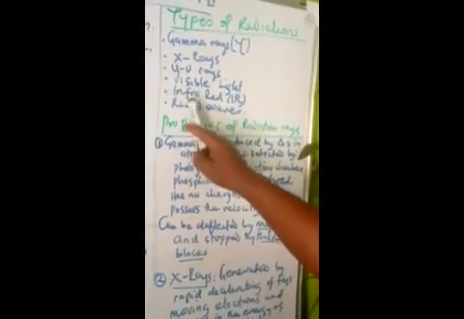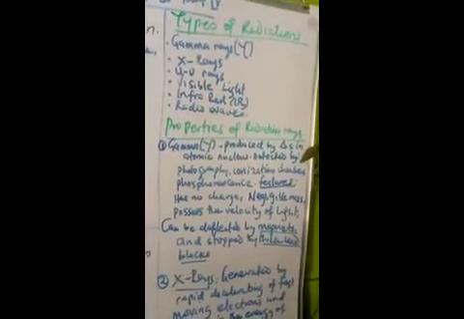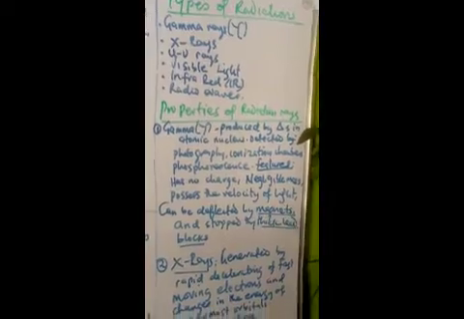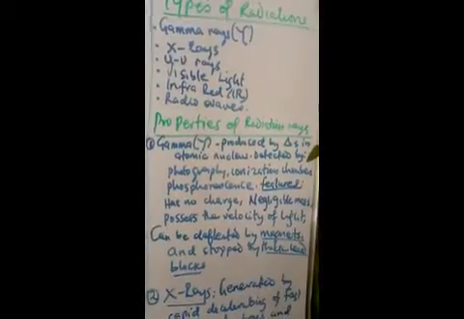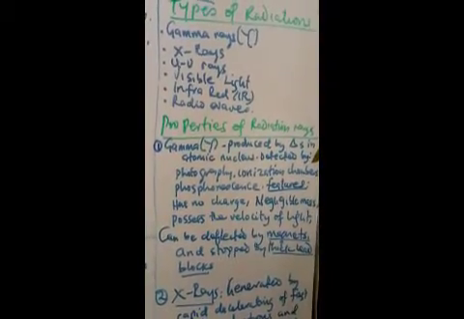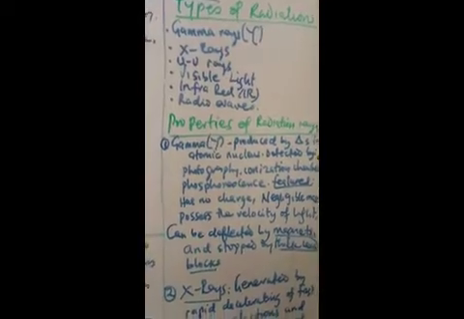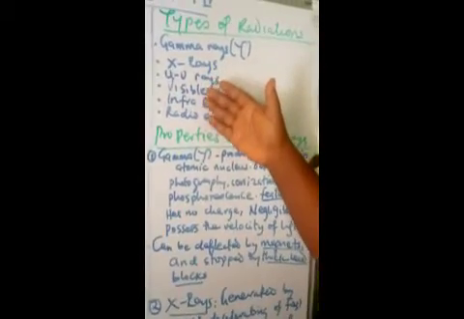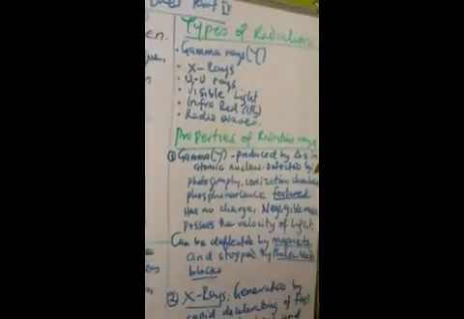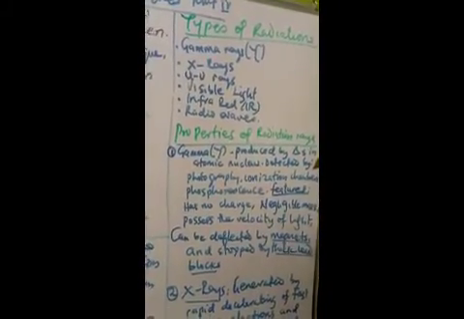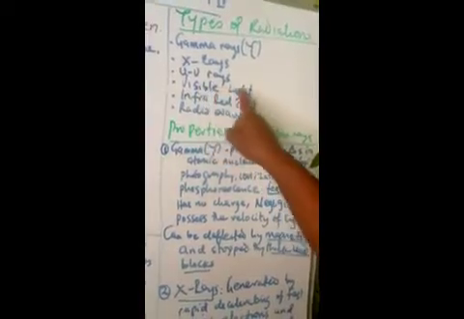Then visible light rays. They are generated by rearrangement of outer orbitals of electrons in atoms and molecules. Example, the same discharge tube. Those lights you see inside the discharge tube can be detected by the human eyes, and that's why we say they are visible light.